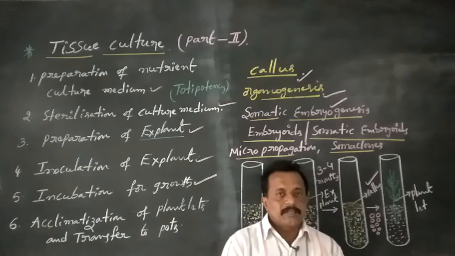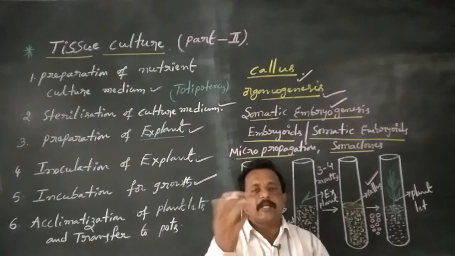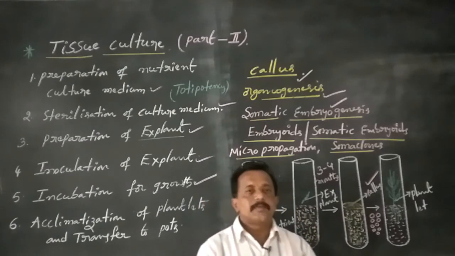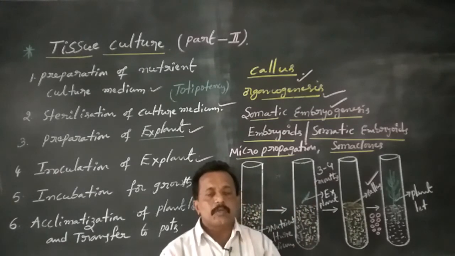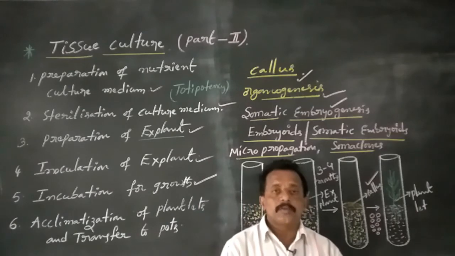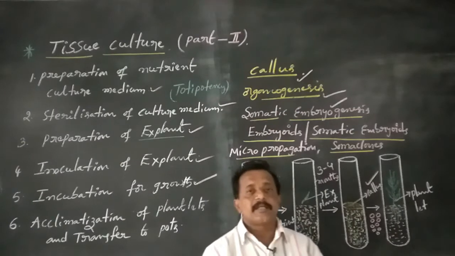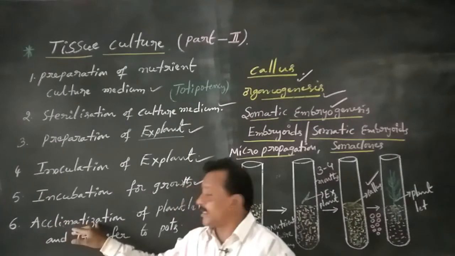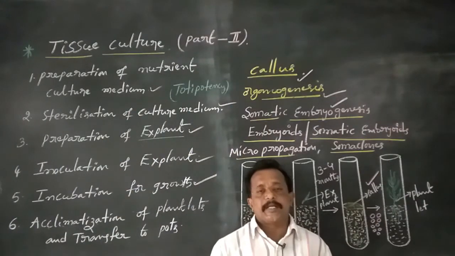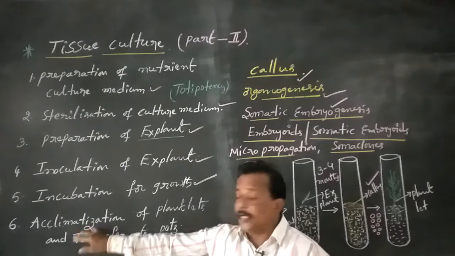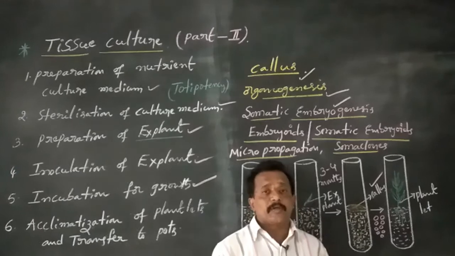So here several economically useful cropping plants would be developed using laboratory techniques. These plants generated through organogenesis or somatic embryogenesis need to be acclimatized to the surrounding atmosphere before the transfer to pots.